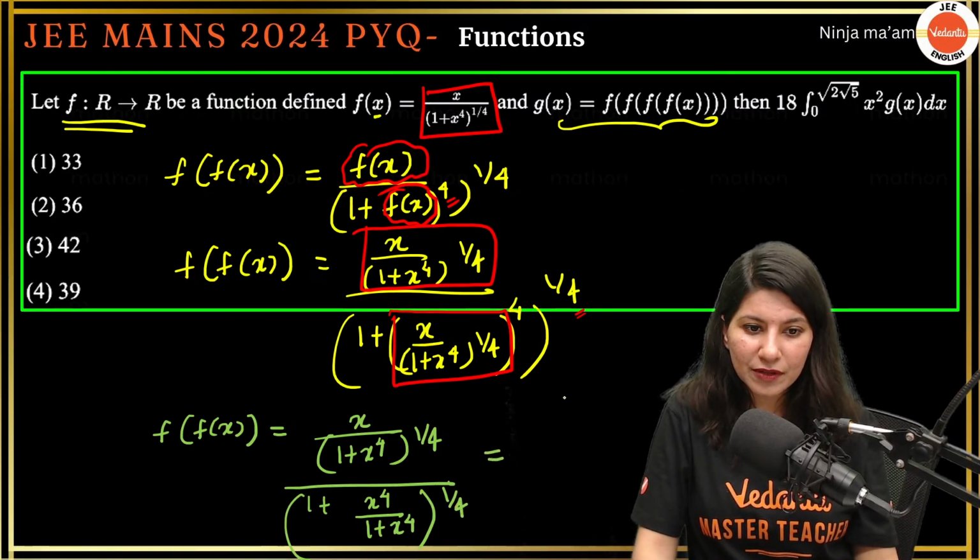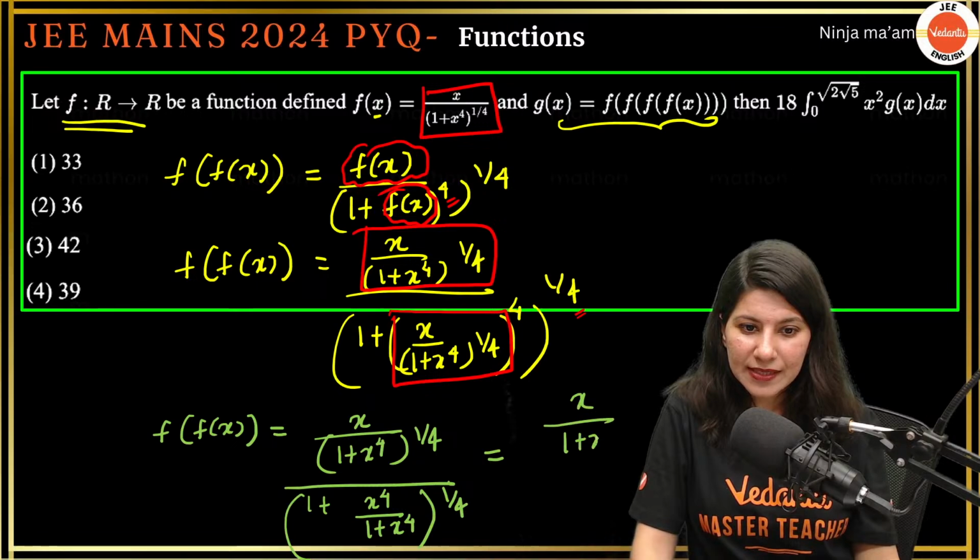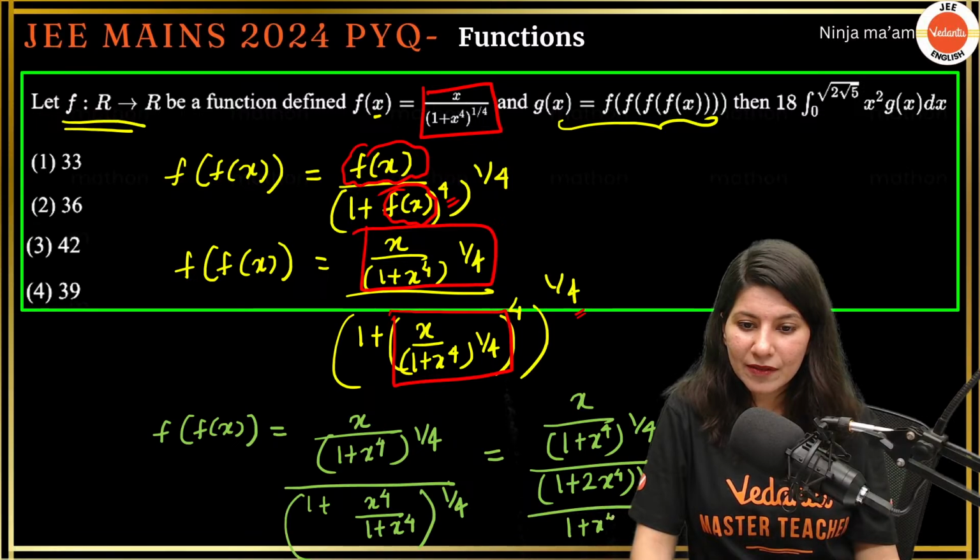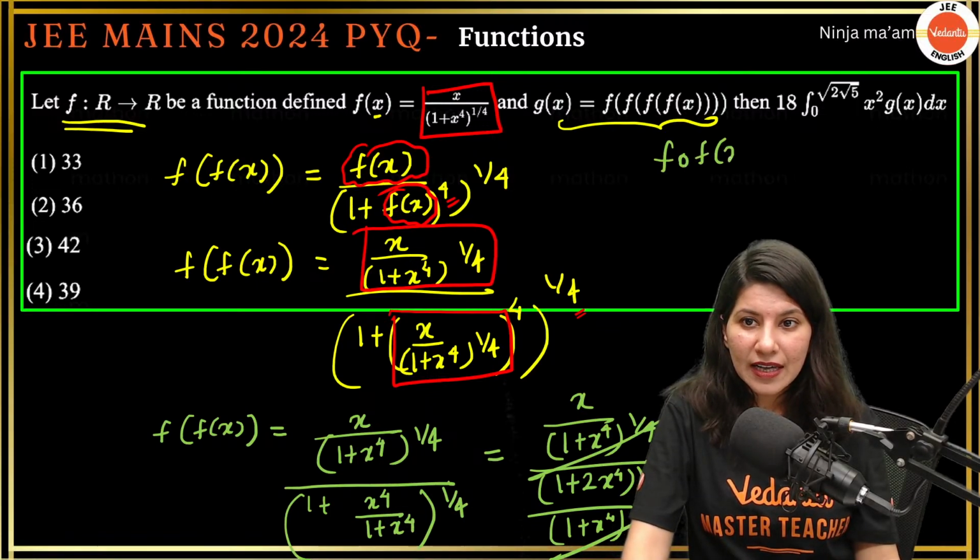Upon that, (1 plus 2x to the power 4) to the power 1 by 4 and (1 plus x to the power 4) to the power 1 by 4 get cancelled out. So your f of x is actually coming out as this.